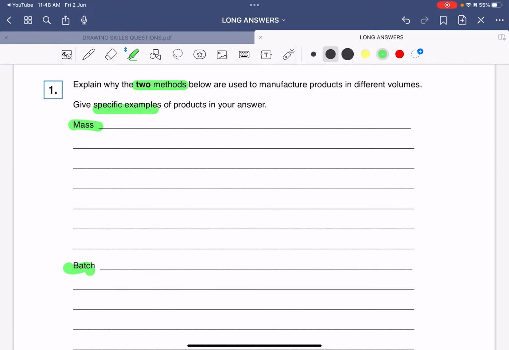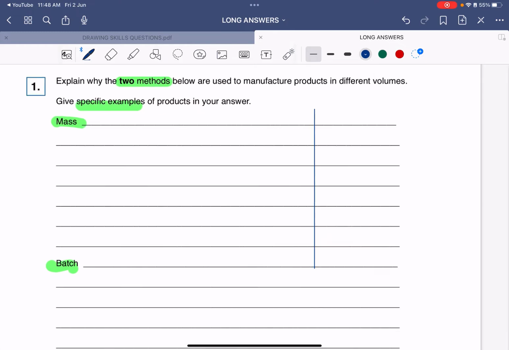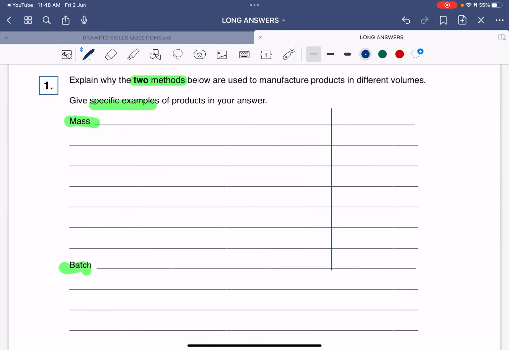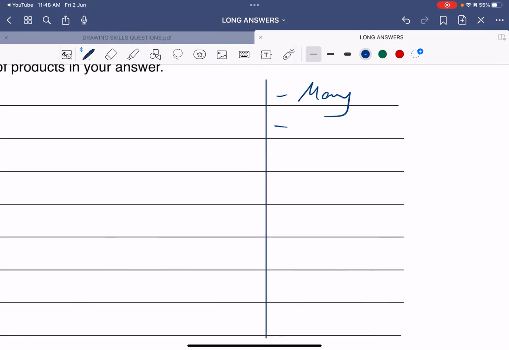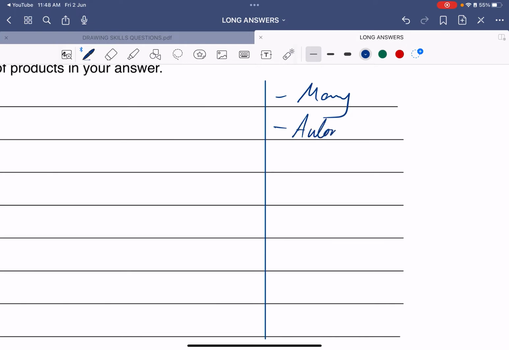Give specific examples. Okay, so what I always suggest people do is if you've got a different color pen or whatever, just draw a vertical line down one side. Now down the side here, we're going to put some notes. So mass means many, many items. It means automated. Well, or very automated normally, because you're making a lot.